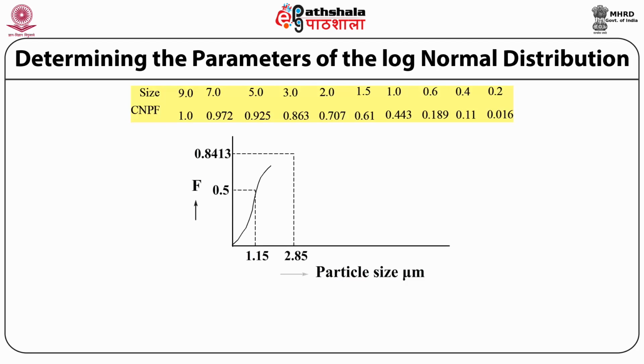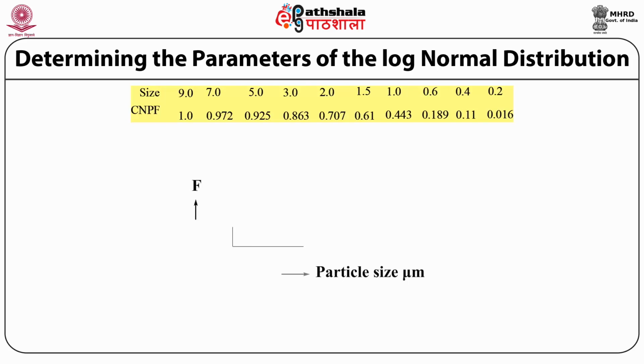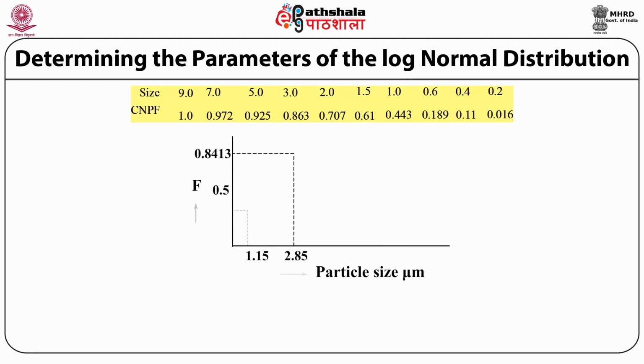Therefore, from this figure, sigma g is equal to 2.85 divided by 1.15. That is the ratio of the values of d corresponding to CNPF to mu g. So the value of sigma g comes out to be 2.48 micrometers.